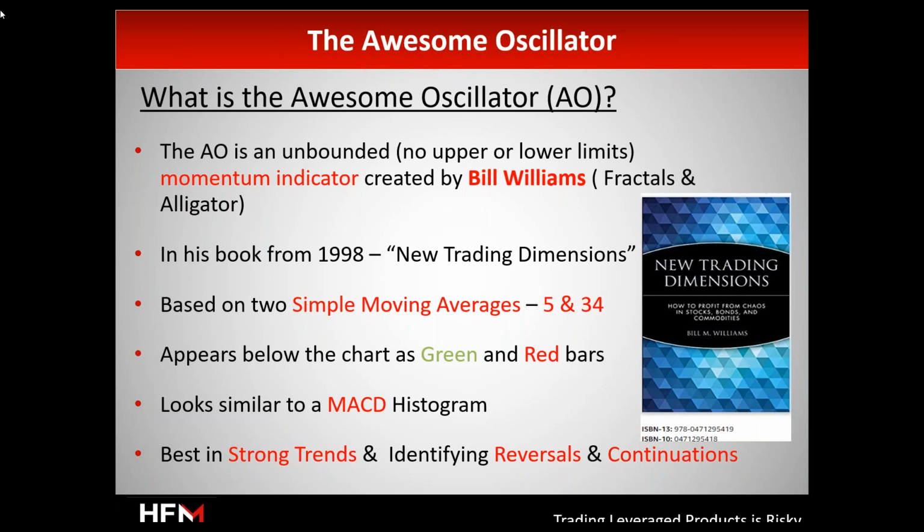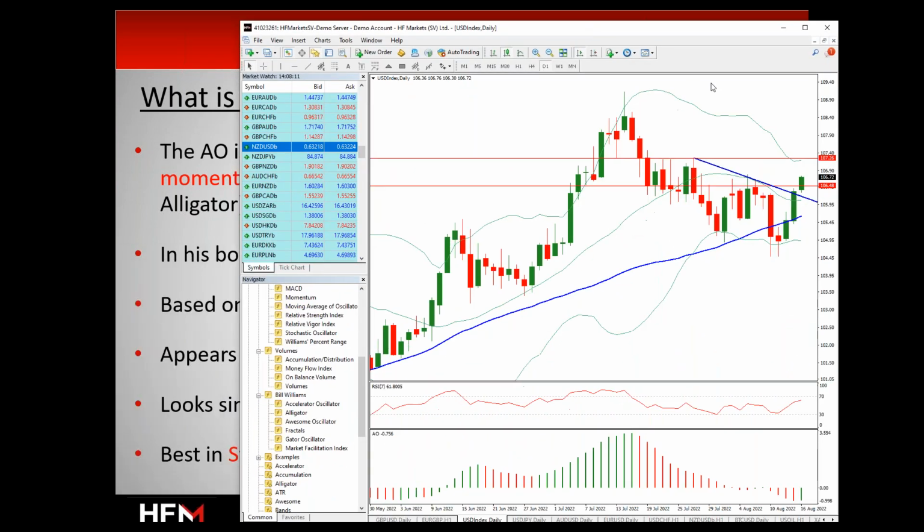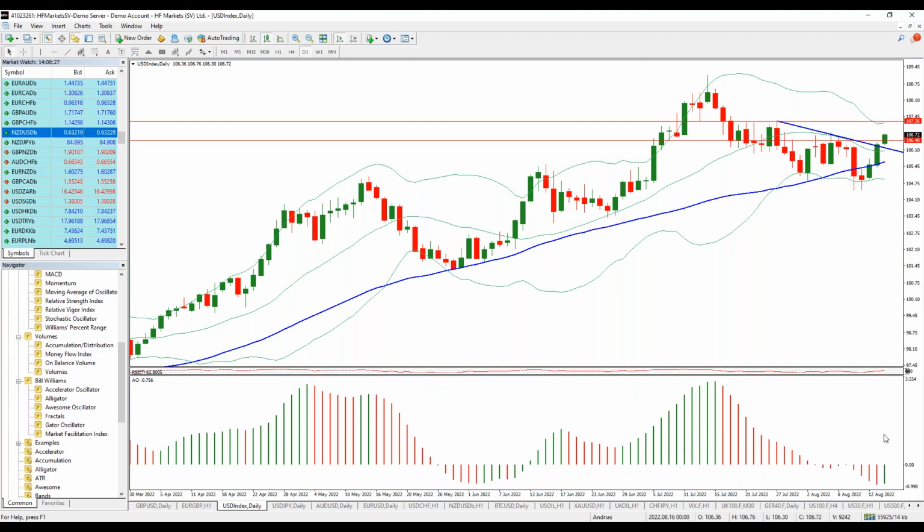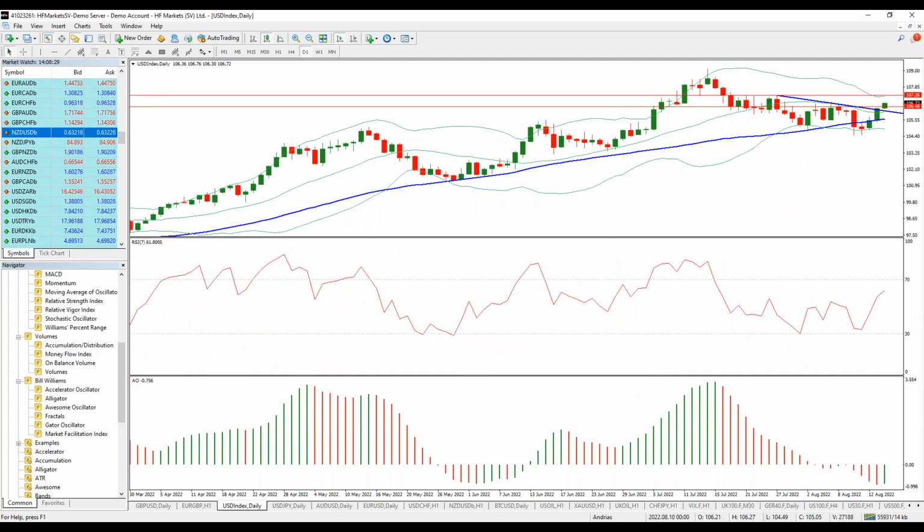Here it is. I will share my MT5 with you. So this is how it looks. It's a bar chart with green and red bars, and it's not limited, so it's not like RSI, for example, which is from 0 to 100.